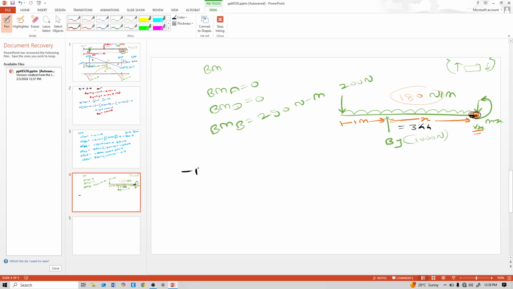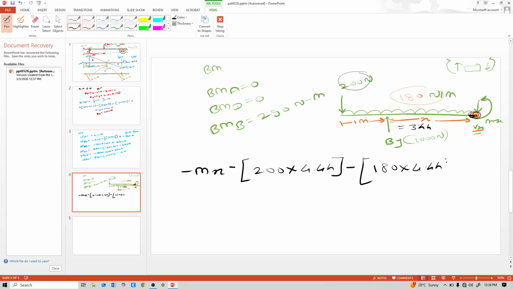So minus Mx, this 200 is anti-clockwise, minus 200 into 4.44, because 1 plus 3.44 is 4.44. This 180, minus 180 into 4.44. So this is a point load, and multiply by 4.44 by 2.